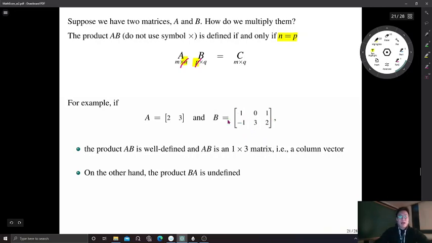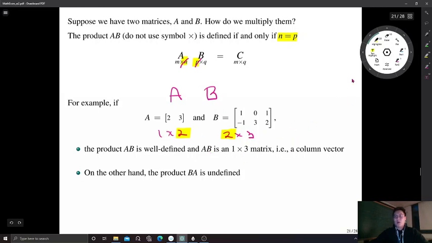So AB, the product of A and B, is well defined because the number of columns of the first matrix, that is 2, and the number of rows of the second, that is 2 as well. So these two are the same, so AB is well defined. All right, that's the conformability condition for multiplication. And as a result, A times B is going to be a 1 by 3 matrix.